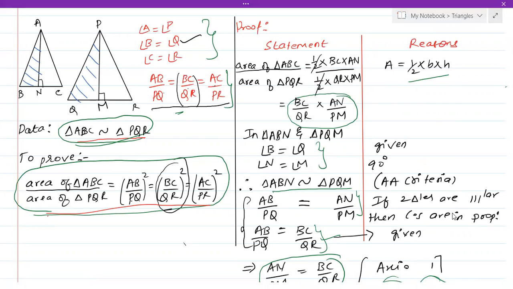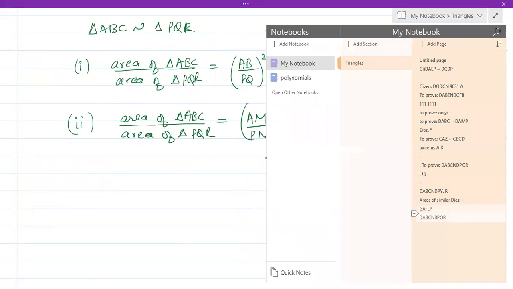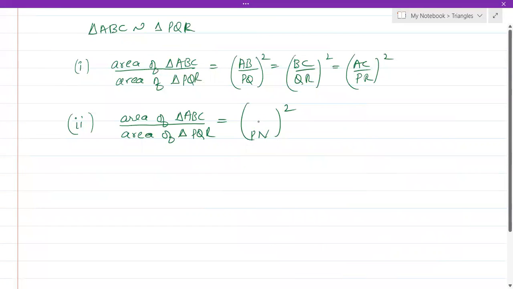Therefore, if two triangles are similar, okay, let me reverse it. It is AN and PM.